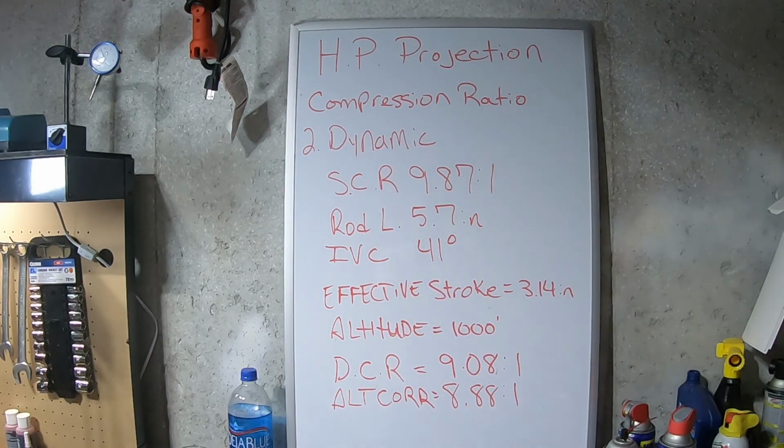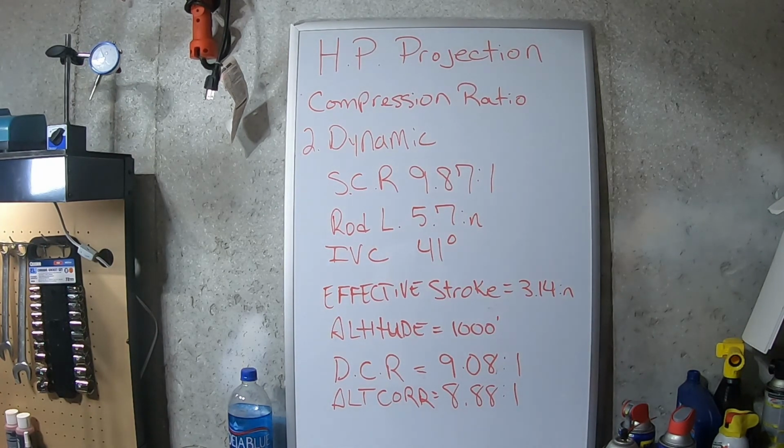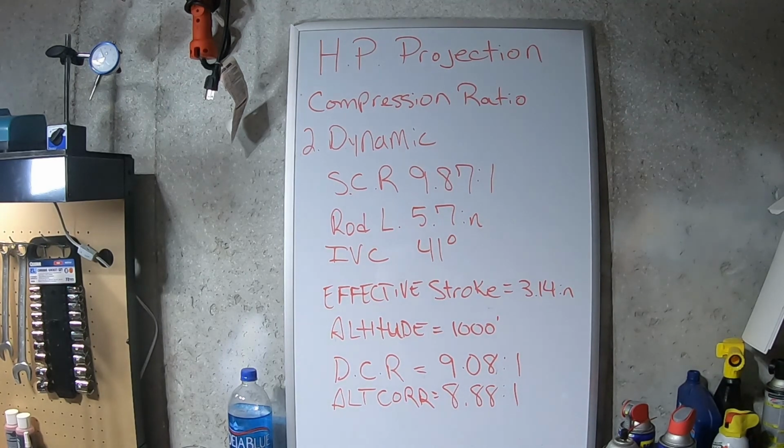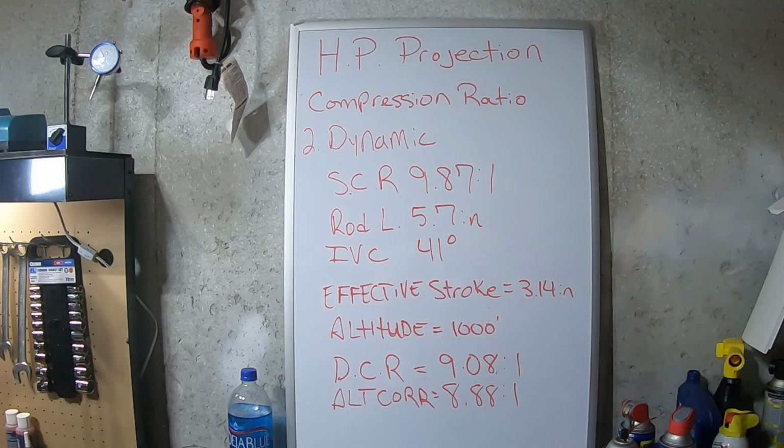And if I corrected it for altitude at 1,000 feet, it's 8.88 to 1. Hotter days, that altitude corrected dynamic compression ratio is going to be even lower. That's why we all know that engines make less power on hot days or at high altitude, because there is less air. There are fewer air molecules per volume to use for combustion.